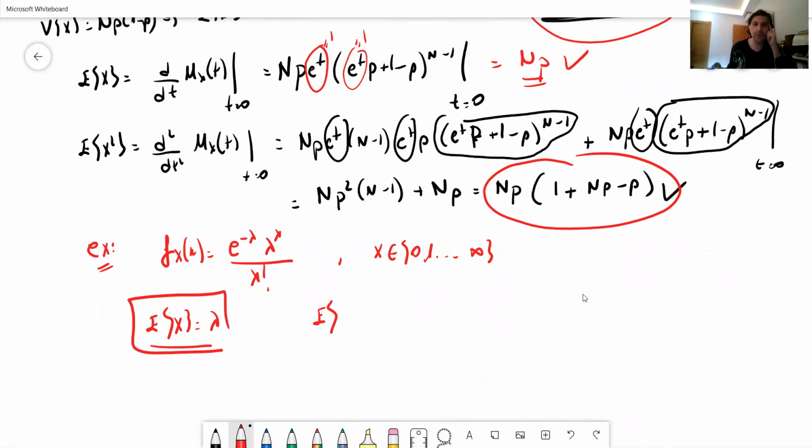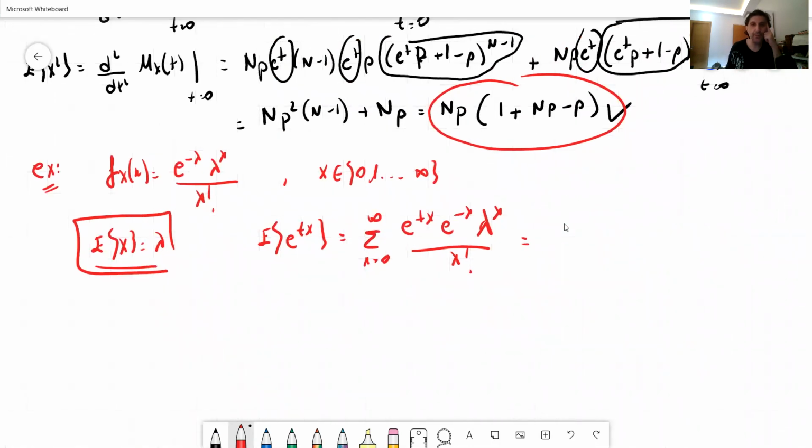What we are going to do is to find the expected value of exponential tx, take the derivative, and evaluate it at t equal to 0. So the expected value of exponential tx is going to be equal to the sum of exponential tx times exponential minus lambda, lambda to the power x over x factorial, for x from 0 to infinity.